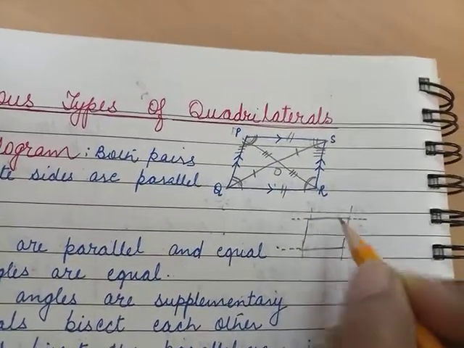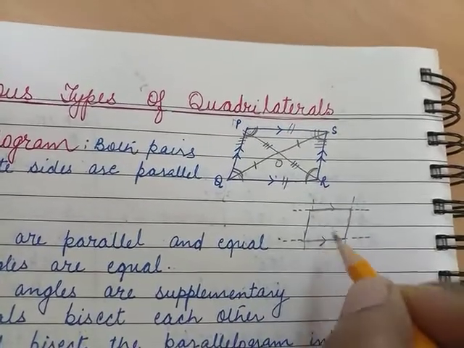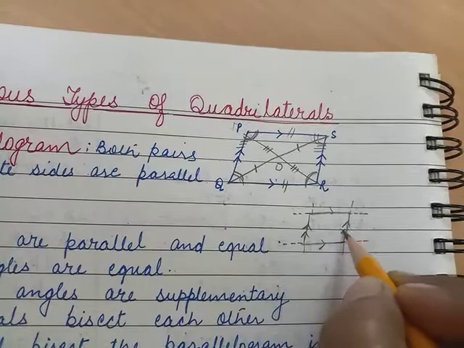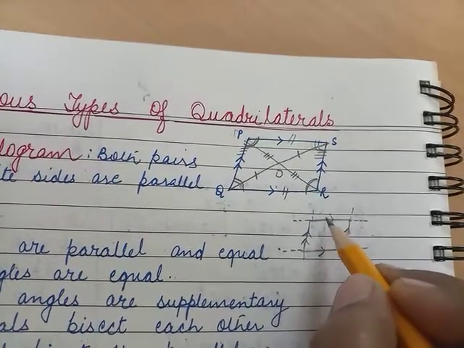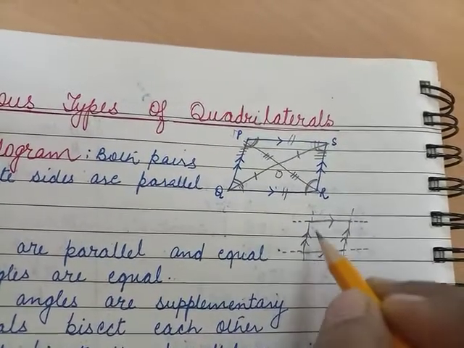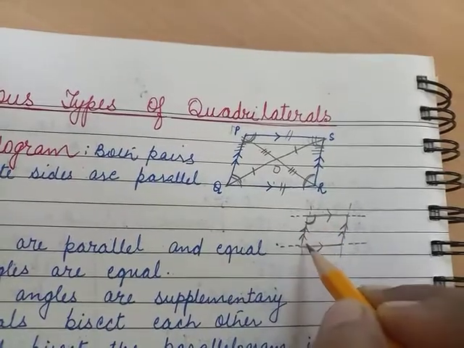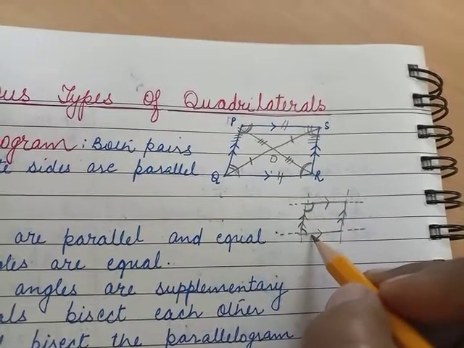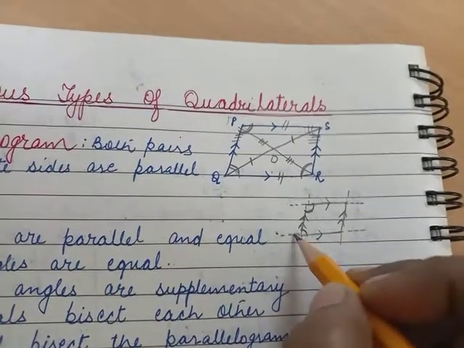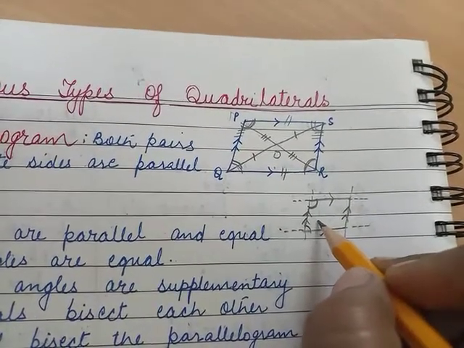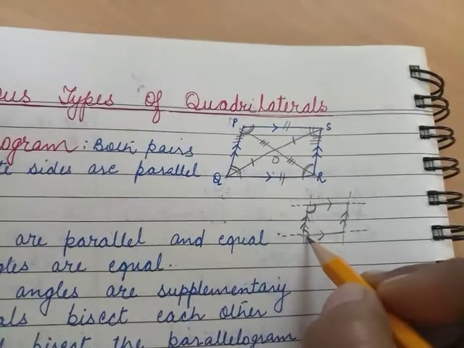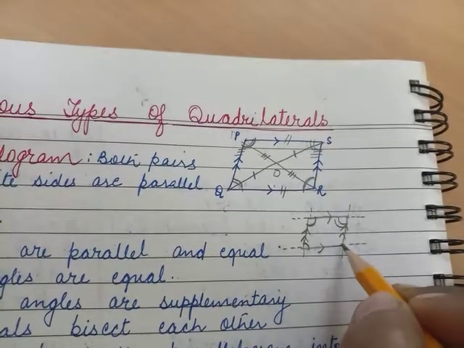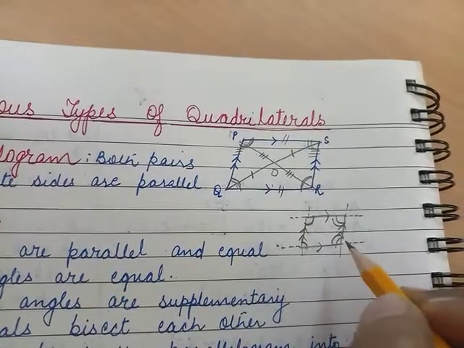Therefore, these two sides are parallel, as well as these two sides. If I consider a pair of these sides, what type of angles are formed? These are angles between parallel lines on the same side of the transversal. Therefore, these are co-interior angles. Similarly, this pair of angles is also co-interior.